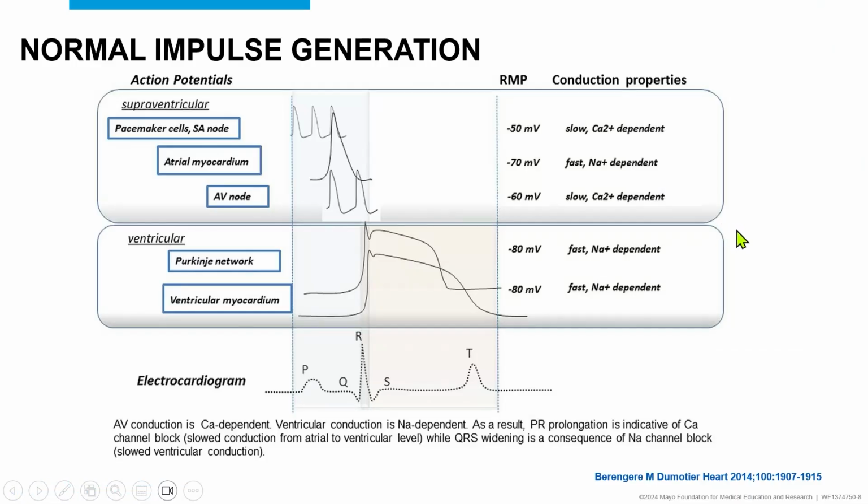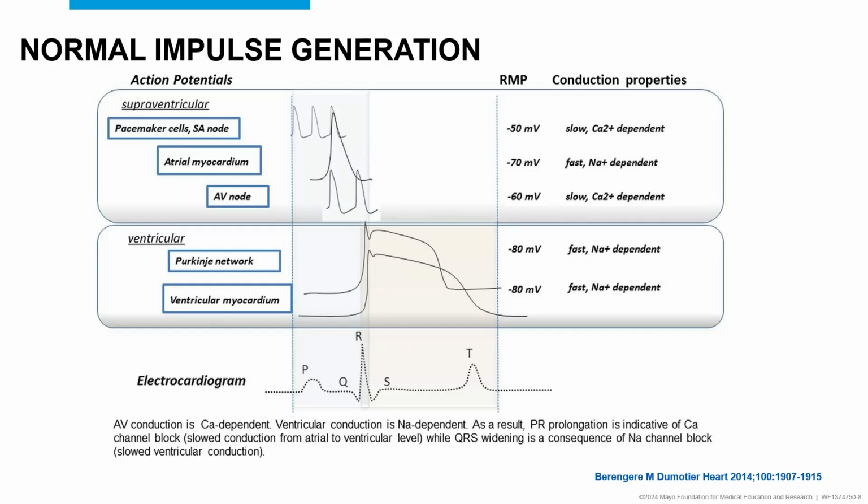For each cell that we have in the heart, that action potential looks slightly different. If we're starting off with the pacemaker cells in the sinus and the sinoatrial node, the action potential is very different. The resting membrane potential is at about minus 50 as opposed to minus 80. It's a slow change in the upstroke. It's continuous, calcium dependent.